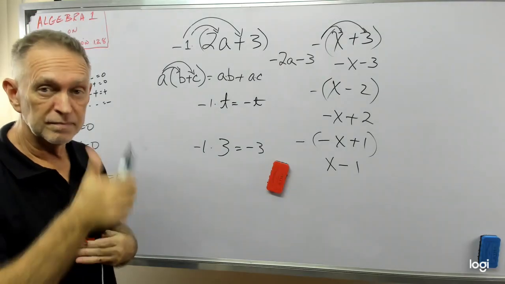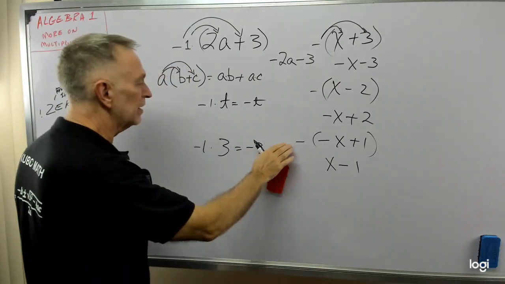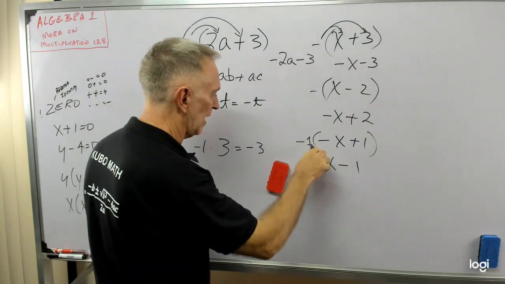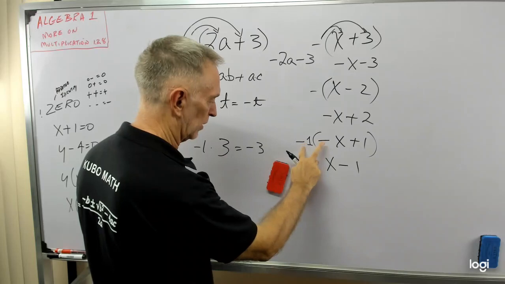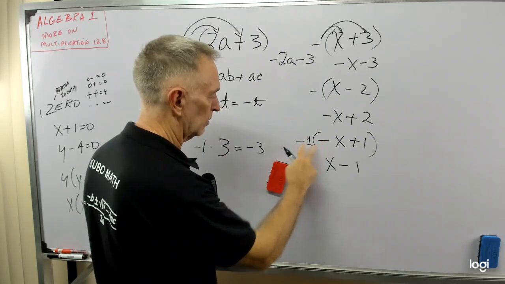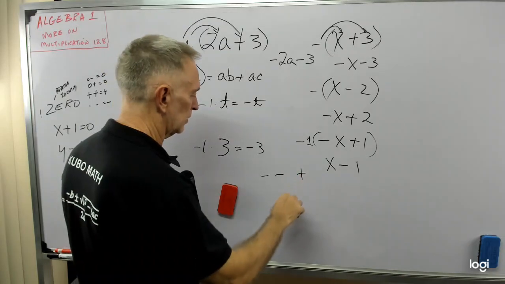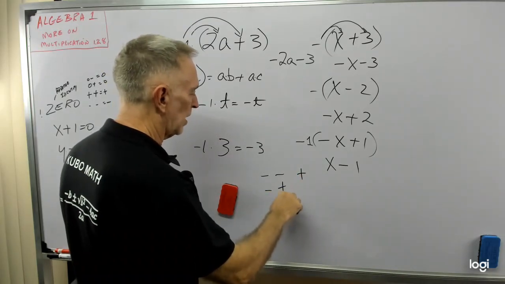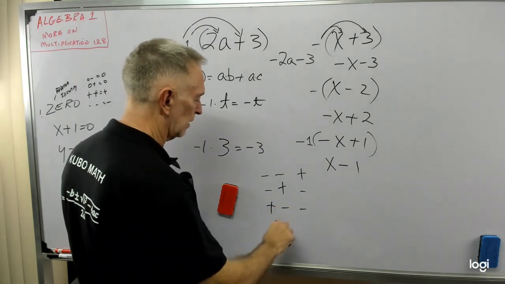Clear as mud? Okay. So you're just distributing that value to each term internally and then working with whatever the signs are. As you know, negative times negative is positive. Negative times positive is negative. Positive times negative is negative.